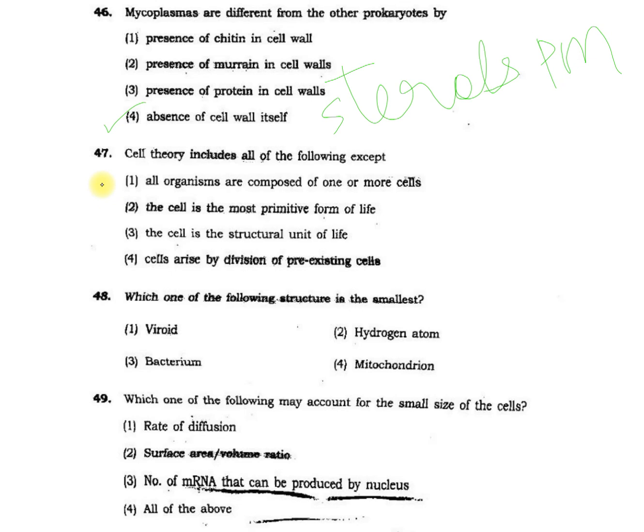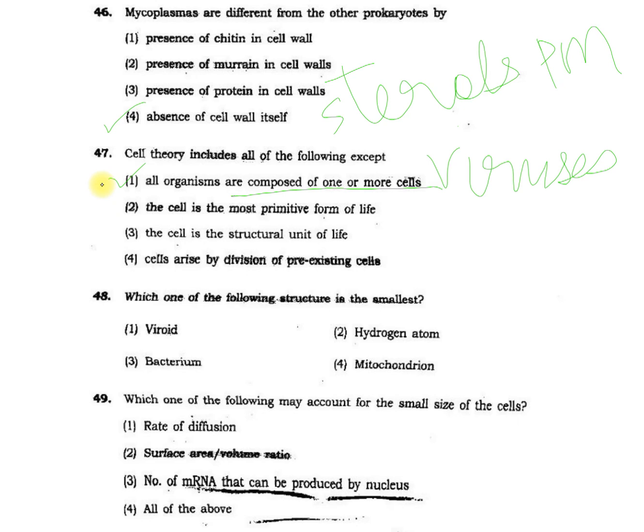So here all the options are correct, we can say, but now we know that there are some organisms which don't have these cells. The viruses are the exceptions to the cell theory. These are not cells, but still they are considered as organisms. So the first option is the correct one.